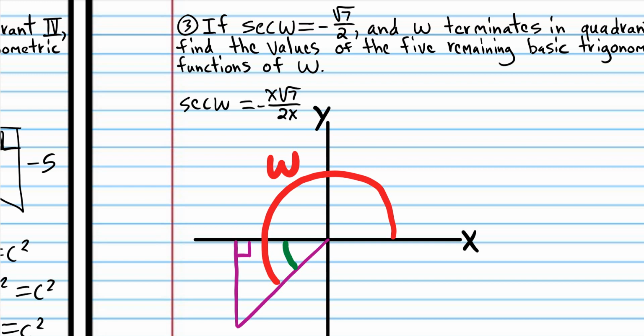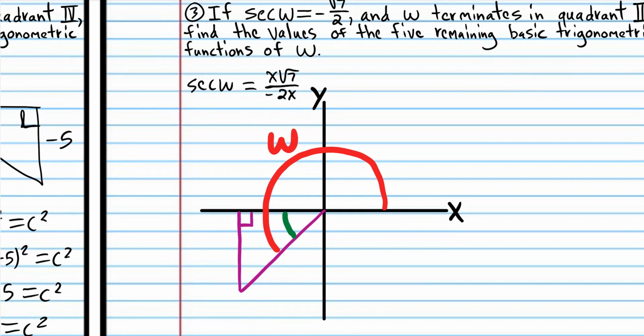Now we know that the negative symbol must be on the 2x, because the hypotenuse is never negative. So the hypotenuse is x√7, and the adjacent side of the green reference angle is -2x, which makes sense because this side has to be negative. It's to the left of the y-axis.